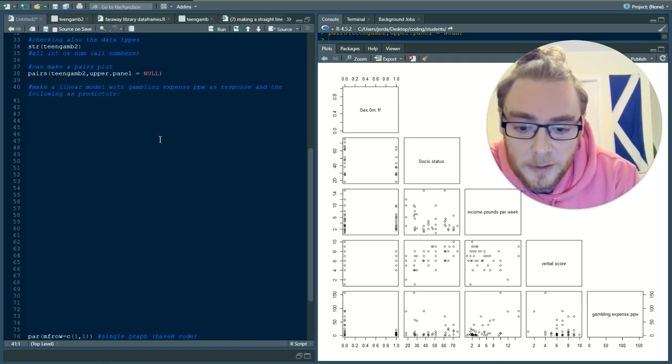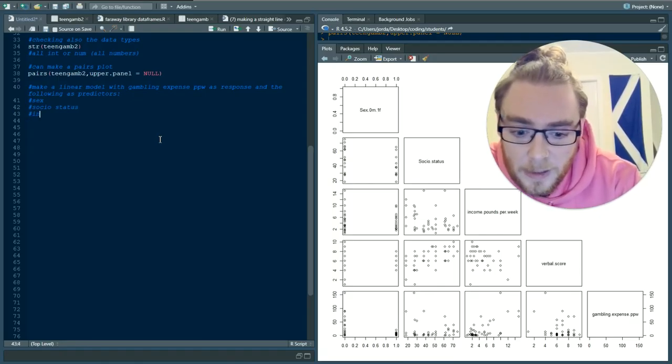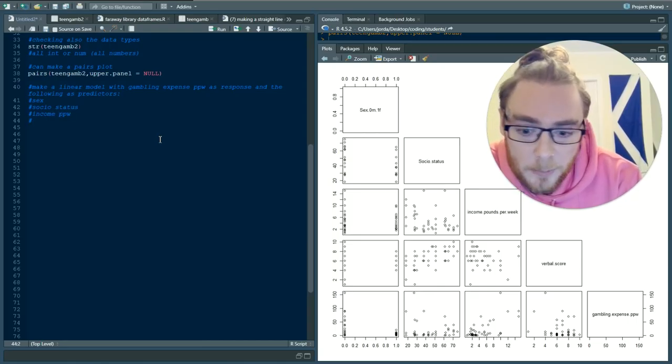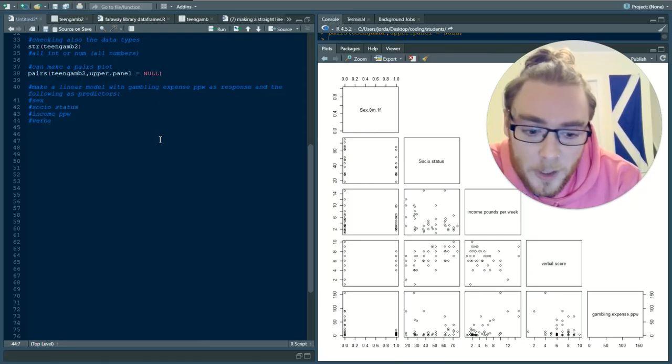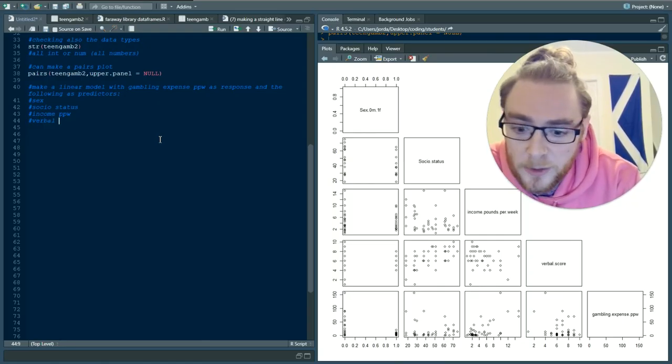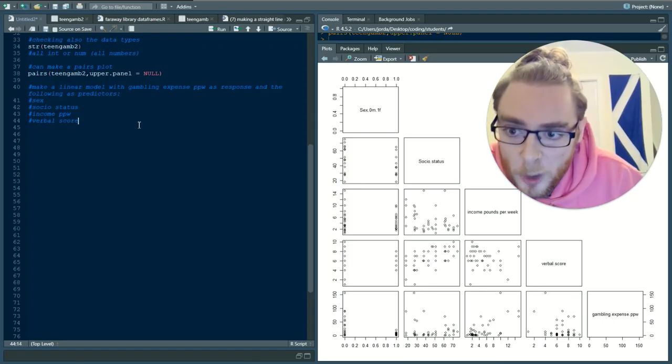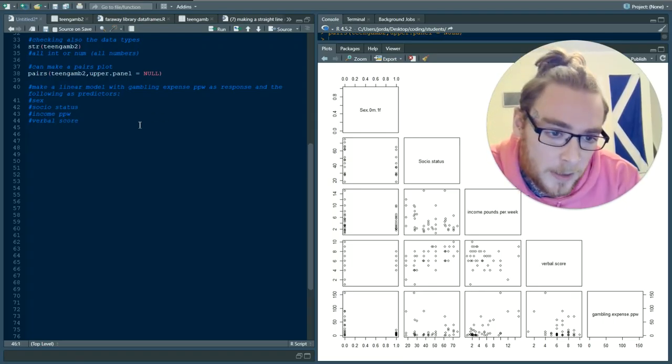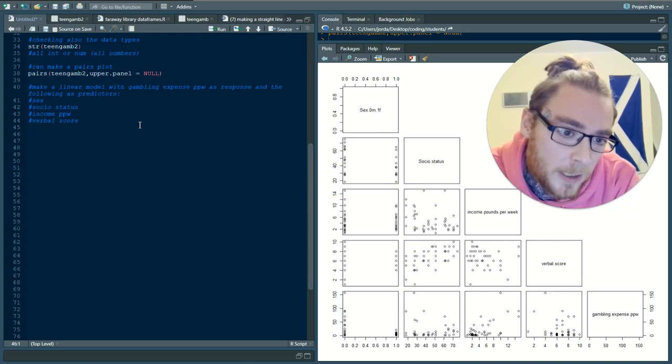So that's going to be sex, social status, income pounds per week, and verbal score. So that means we've got 5 potential predictors here. What I'll do first is make the model on the entire data frame, and then I'm going to show you a little trick about splitting the data frame so that we can just use some of it for training and the other for testing.